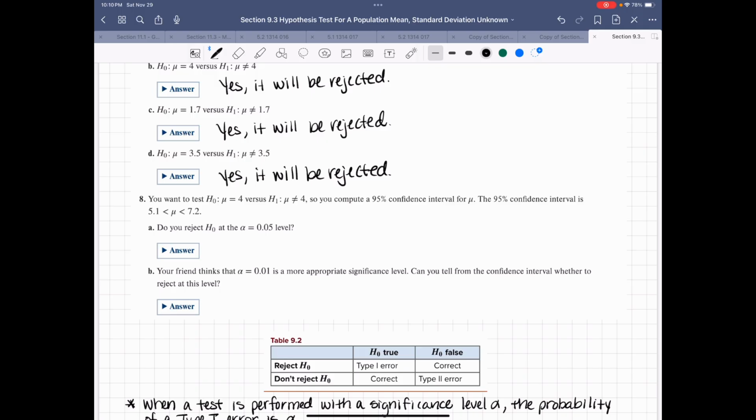Yes, because 4 doesn't fall between 5.1 and 7.2. Your friend thinks that 0.01 is a more appropriate significance level. Can you tell from the confidence interval whether to reject at this level? No, we cannot tell. Guys, we don't know the confidence interval values with alpha equals 0.01.